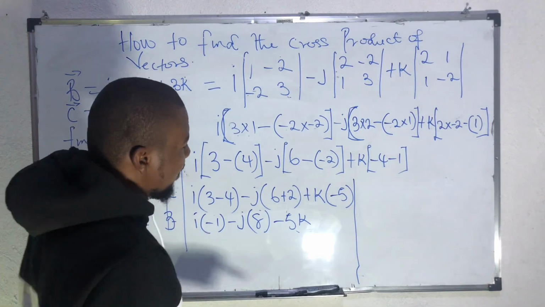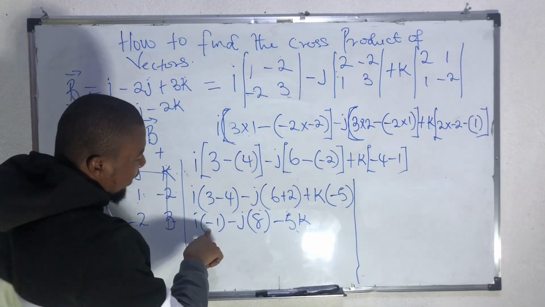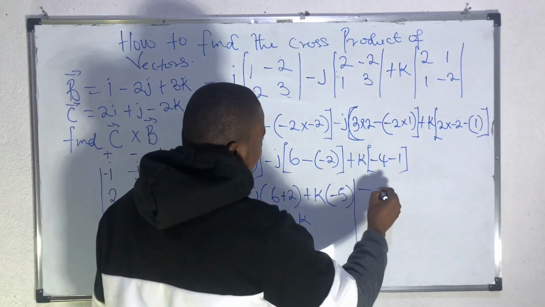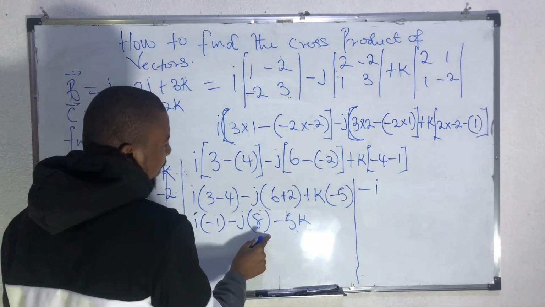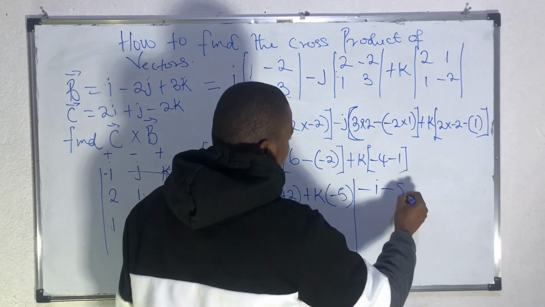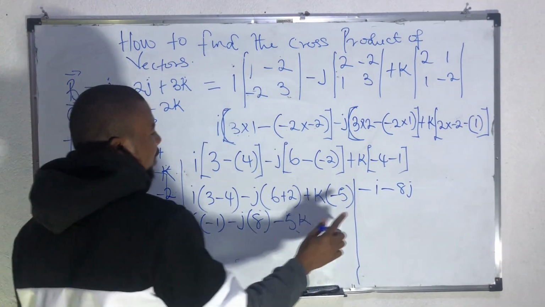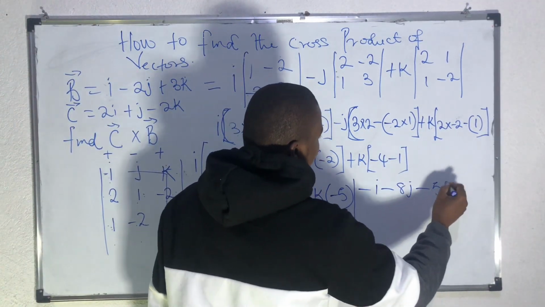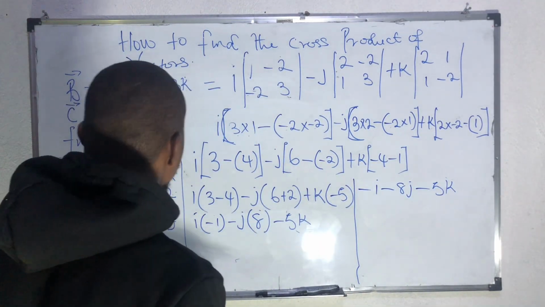Let me simplify over here. I multiplied by negative 1 is negative I. Negative j times 8 is negative 8j. And lastly, we have a minus 5k. Wow, that was a very long process.